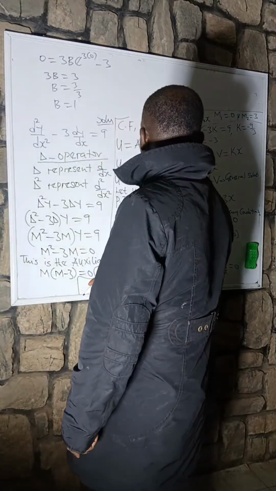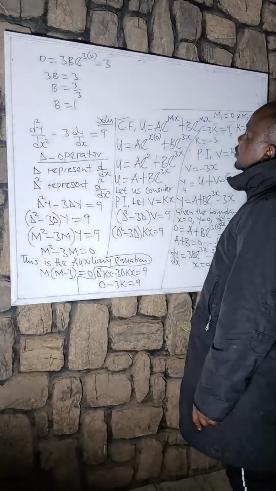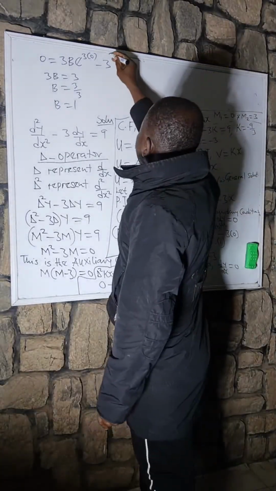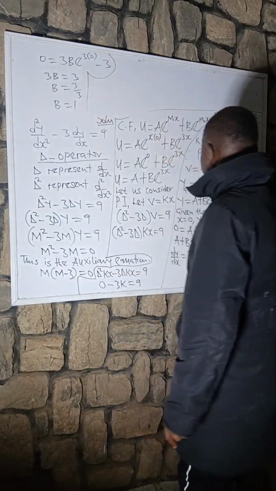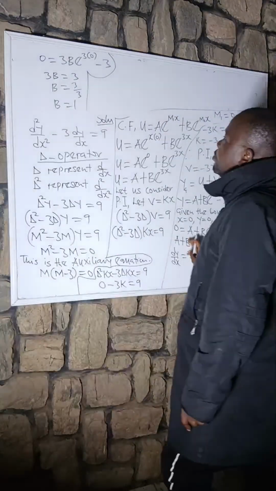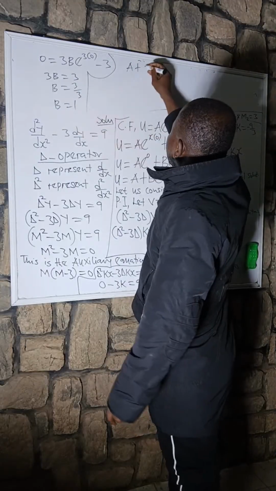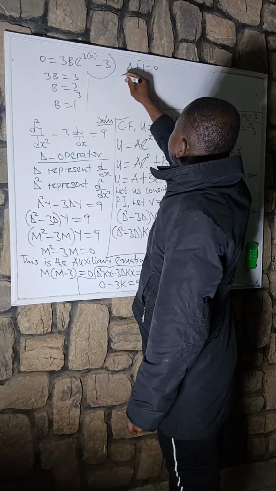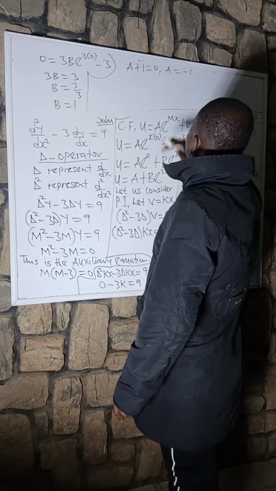Then how can we obtain our a? We can obtain our a from equation 1. By the time we substitute in for b, a plus 1 equals 0. It means our a is equal to minus 1.